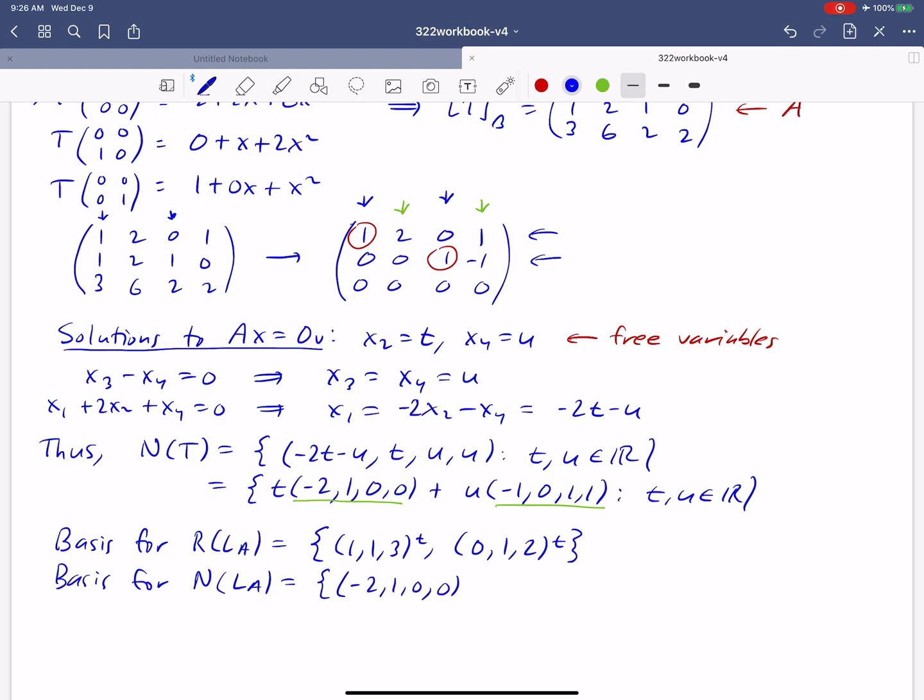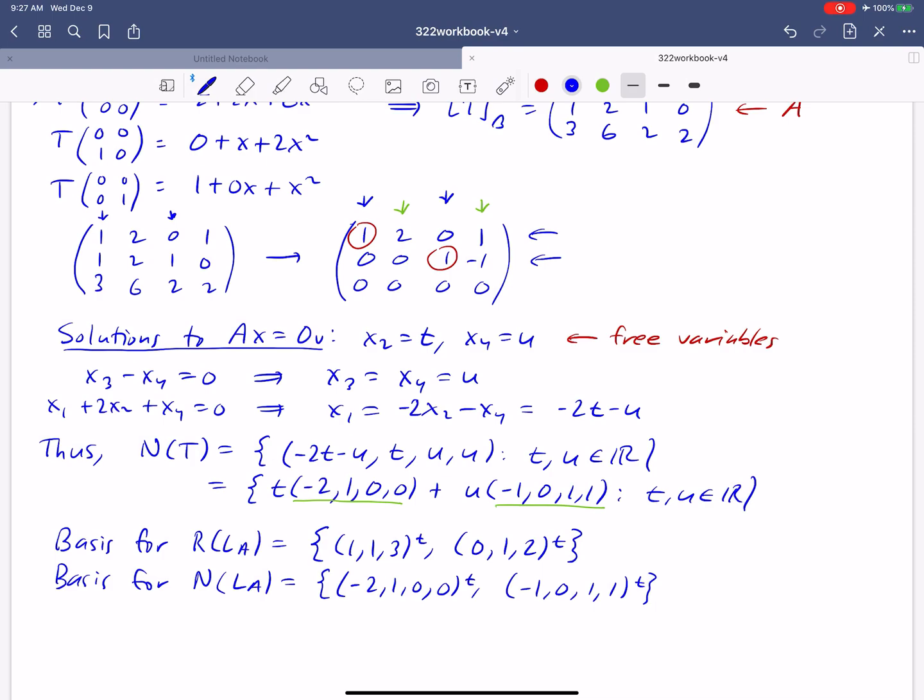Negative 2, 1, 0, 0, and negative 1, 0, 1, 1. So we find ourselves in an intermediate step here. We've got a basis for the range and the null space of L of A. We'd like to translate that now into a basis for the range and the null space of T, the actual operator that we started with.